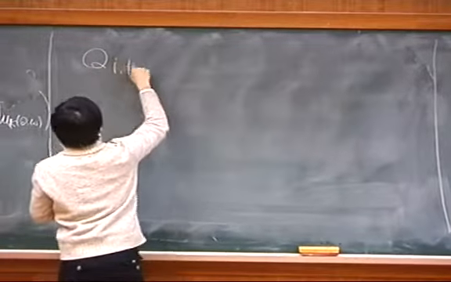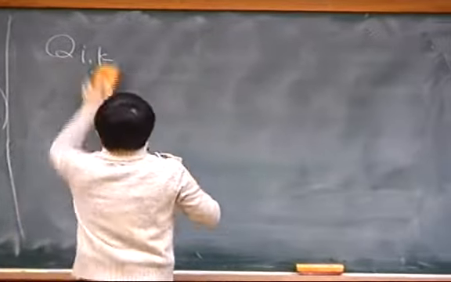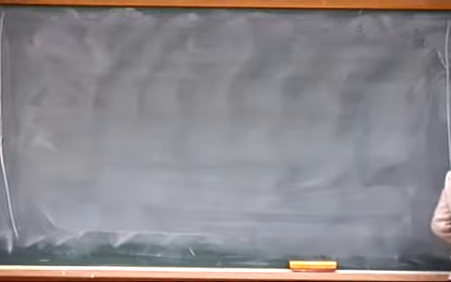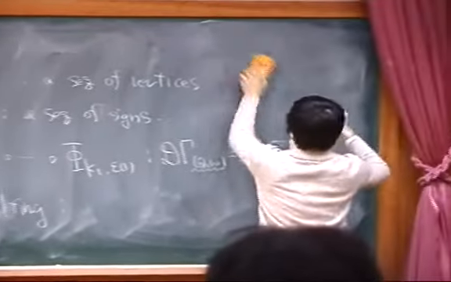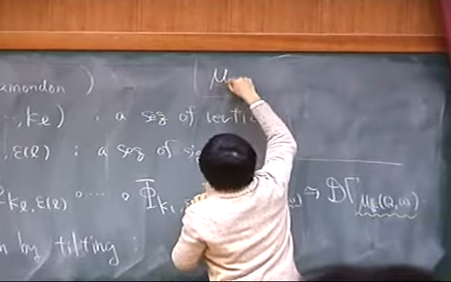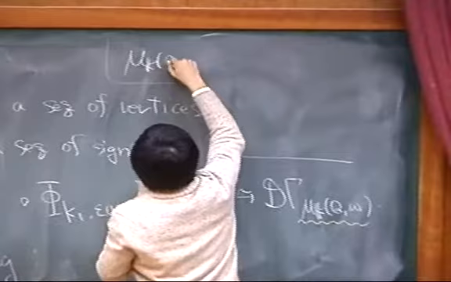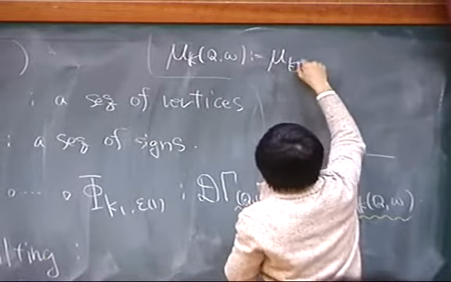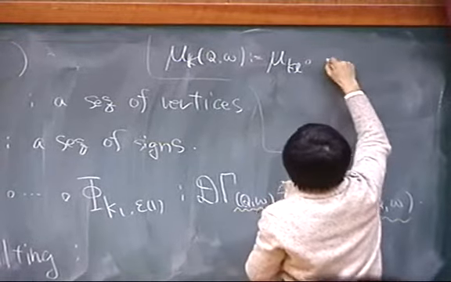So let Q_i. This depends on sign, but I mean this. So here I wrote this. This is by definition the composition of mutations.